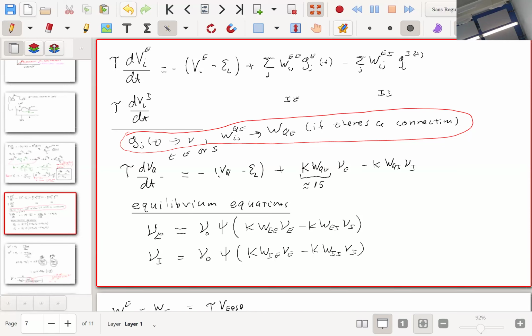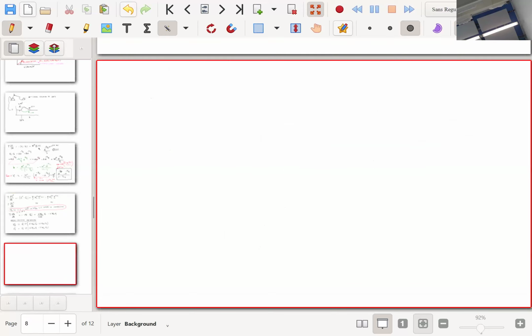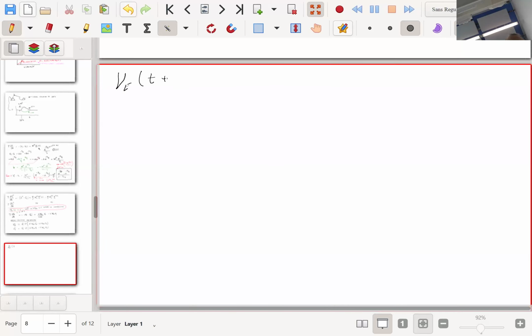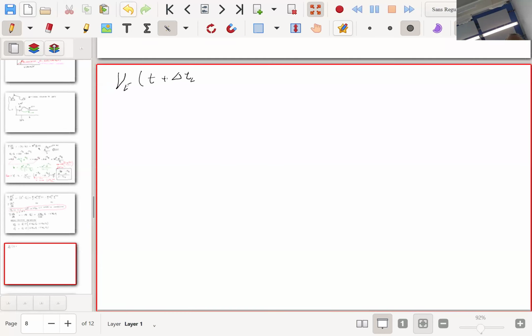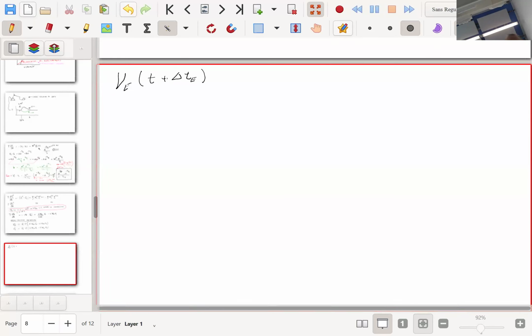So this is our equation. We're going to now look at stability analysis. So we're going to write nu E of t plus delta t. I'm going to put an E here because there may be a difference.